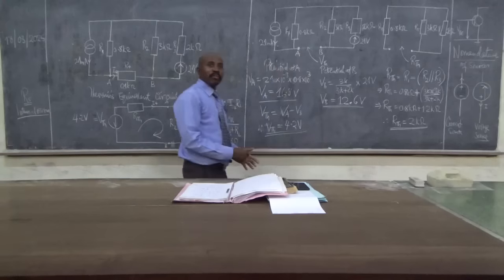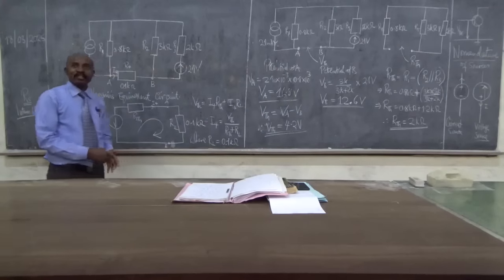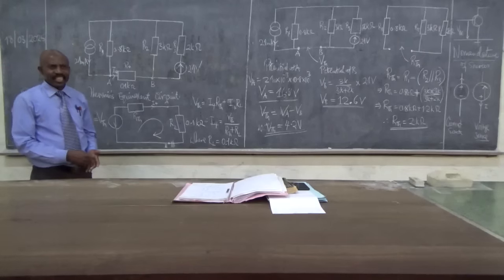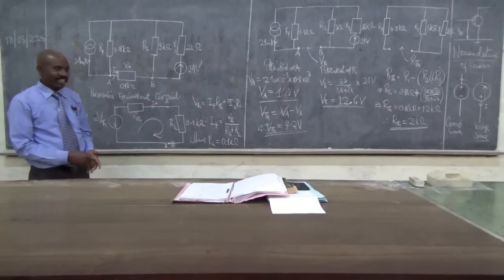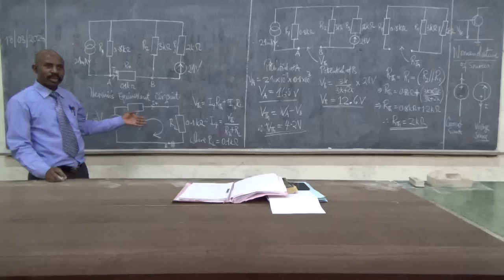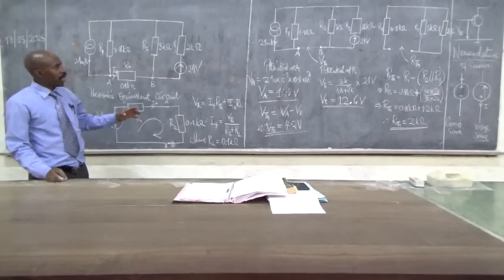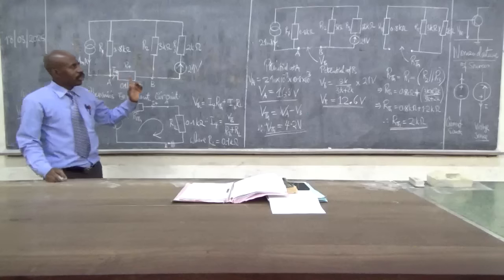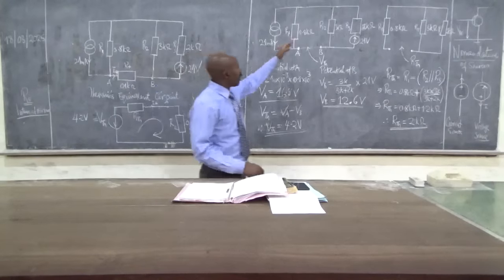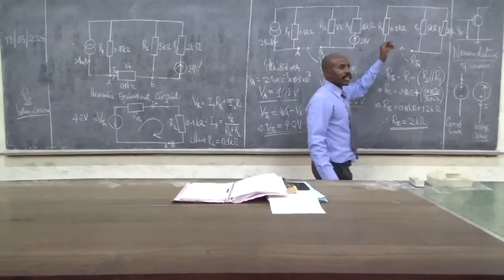I don't remember how many marks I was giving in these things. But I know it was 5 marks for superposition, 5 marks for this. For superposition, the two circuits I was giving 1 mark, 1 mark.